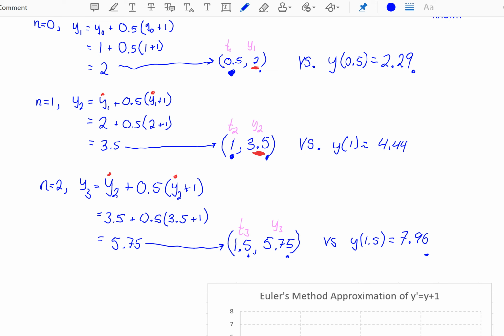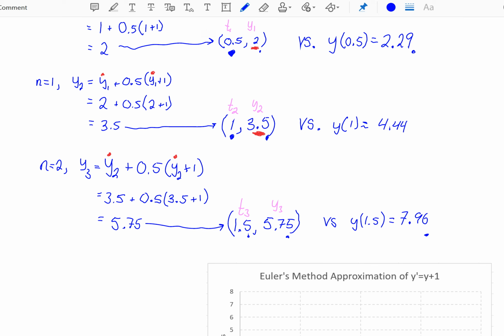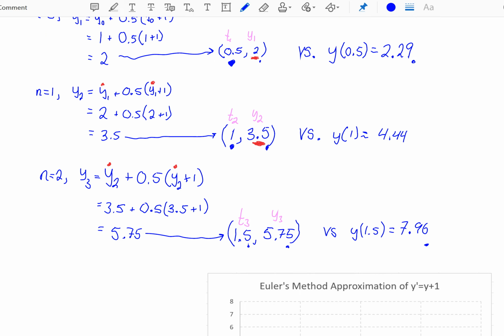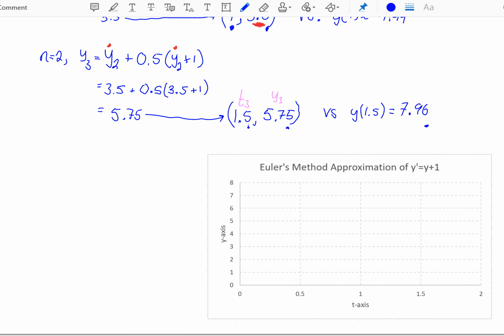Let's look at this graphically, though. So let's first graph our exact solution. Remember, our exact solution started at the initial value problem. y of 0 is 1, so here. Our exact solution at 0.5 was about 2.29, so maybe about here. At 1, it was at 4.44, so right here roughly.